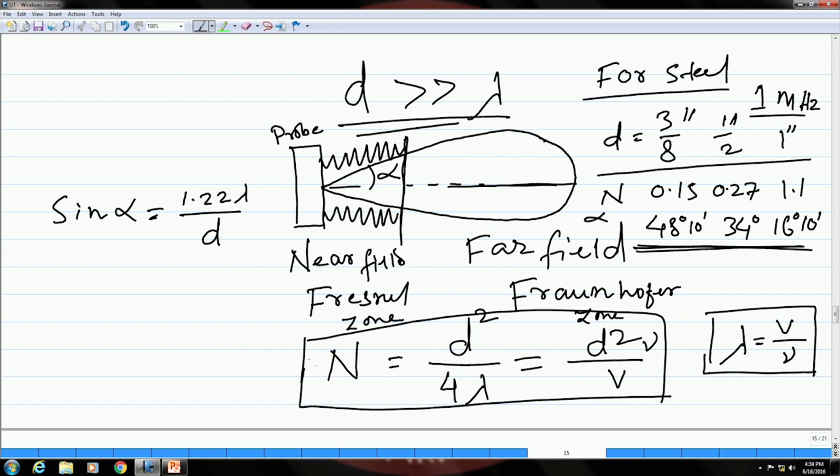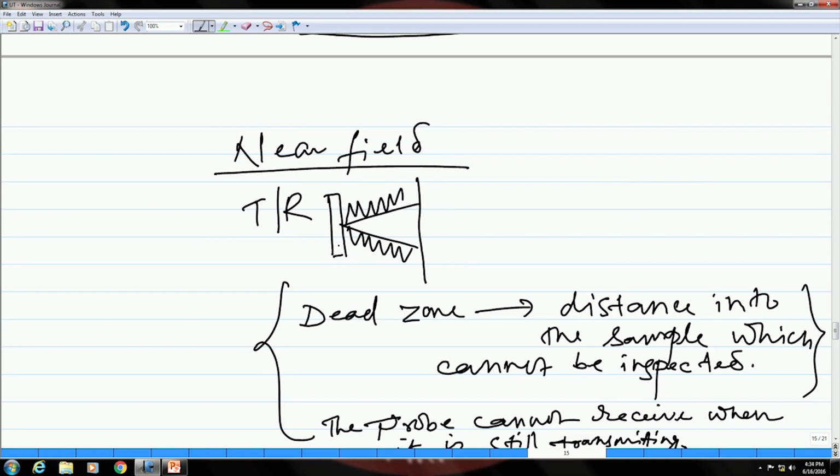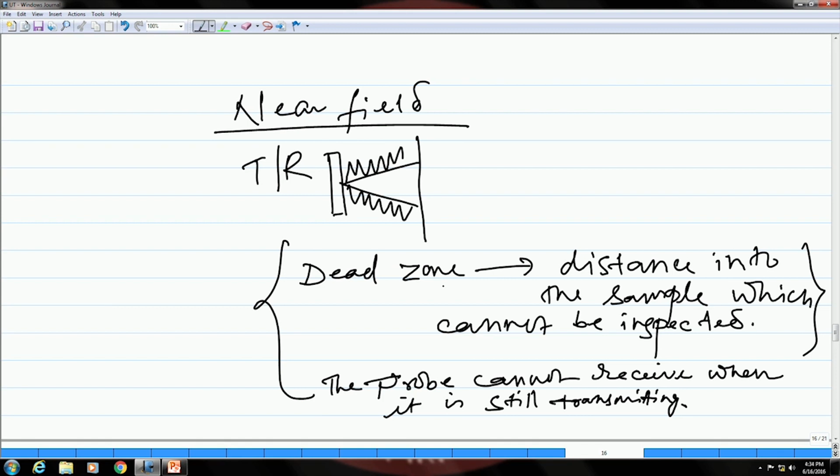Similarly, the far field is characterized by this divergence angle alpha, which again depends on lambda and d. Then we saw that due to these near field fluctuations, there is something known as the dead zone, which is a distance into the sample close to the surface that cannot be inspected, because a probe cannot receive when it is still transmitting.